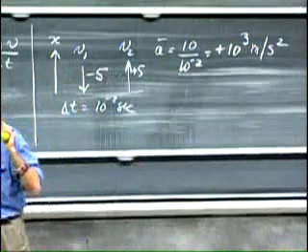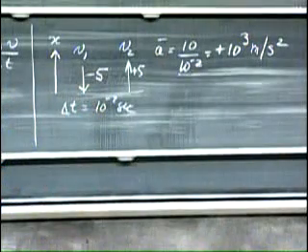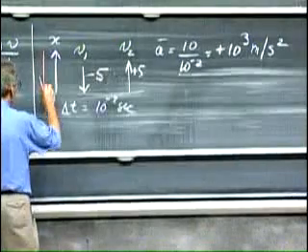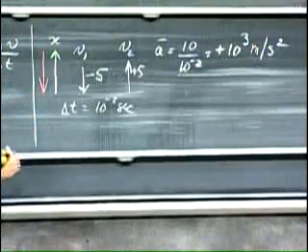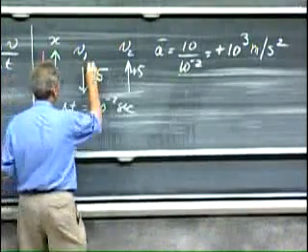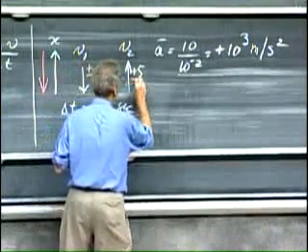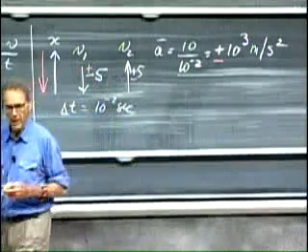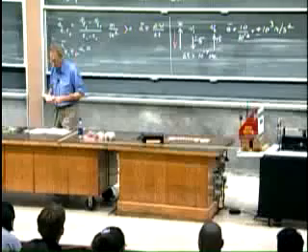I have observed carefully the signs. If now I say, aha, I don't like this, I want to call this the value of increasing x, no big deal. This will become a plus, this will become a minus, and then this would become a minus. So then the acceleration is minus 1,000 meters per second squared.